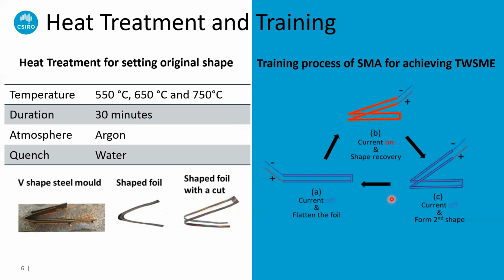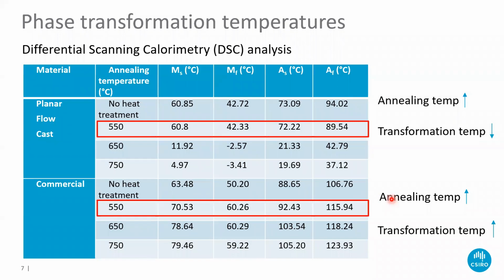So we did thermal analysis methods like DSC to check the phase transformation temperatures of the planar flow casting material and also a commercial material as a comparison.